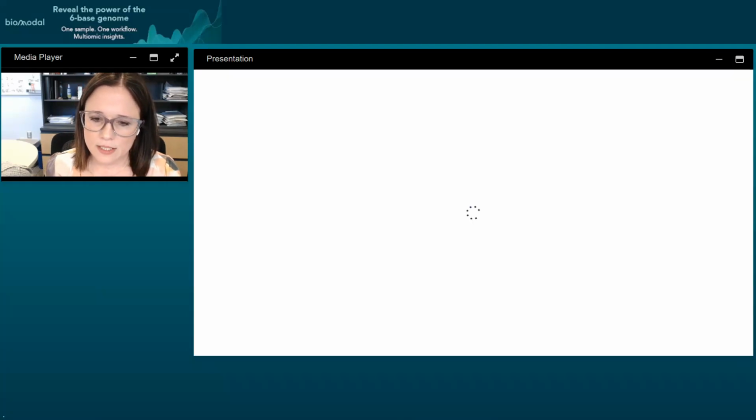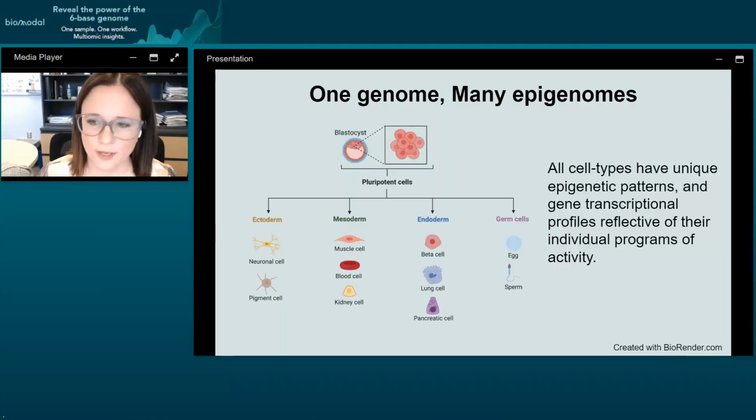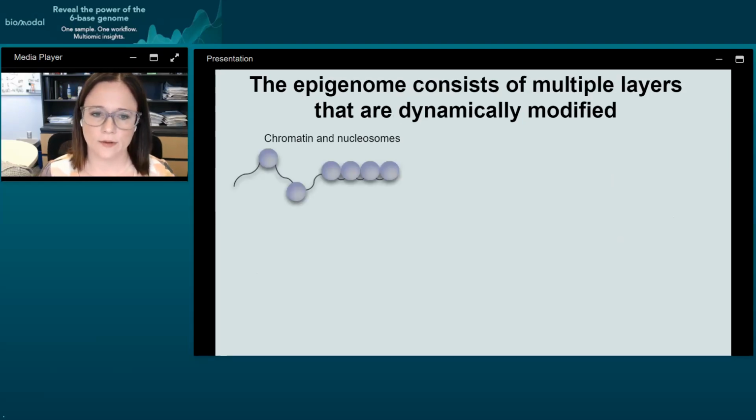So I'm going to start with a very, very well-established concept, and that is that as cells undergo cellular differentiation, they take on new cell fates, and during these cell fate transitions, the epigenomes of these cells change to adopt their new programs of transcriptional activity. And this process involves multiple layers of the epigenome that are dynamically modified.